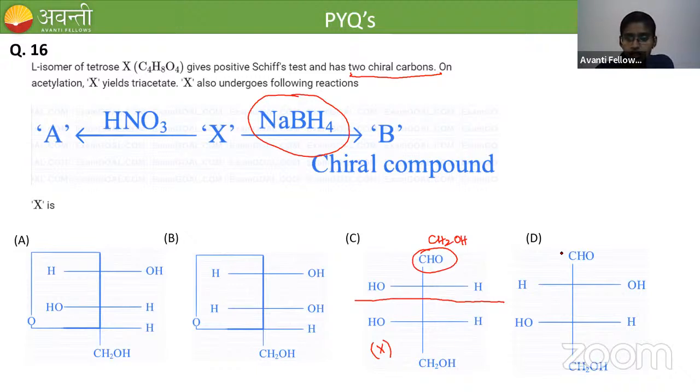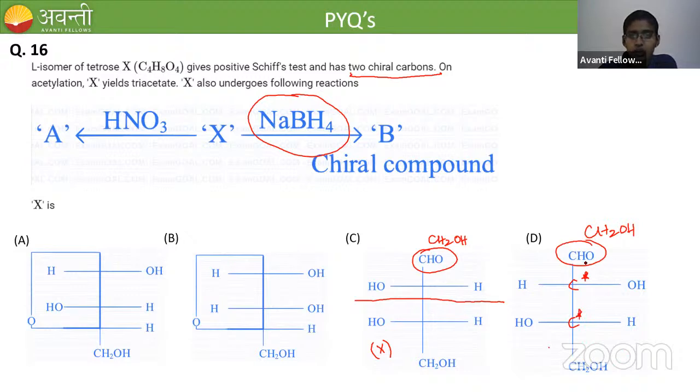So option D could be the correct answer, because if this is your compound X, on reduction with NaBH4, CHO will be converted to CH2OH. And since there is no plane of symmetry here, there are 2 chiral carbons, carbon number 2 and carbon number 3. And this is your compound B.